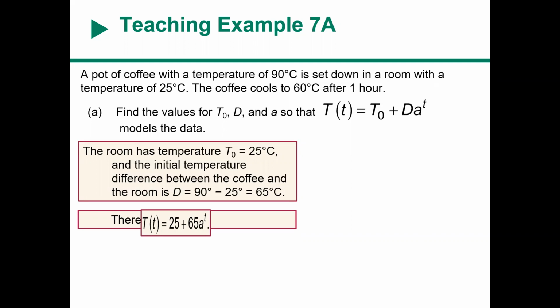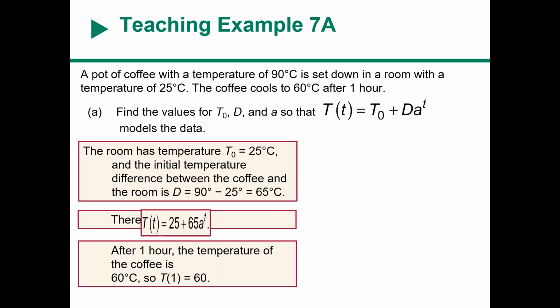Next, we have to solve for A. So to find my A, I'm going to use the initial point that was given to me. After 1 hour, the coffee has cooled to 60. So I'm going to use 1 as my t and 60 as my T of t.